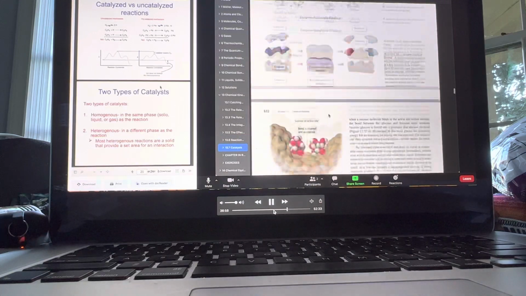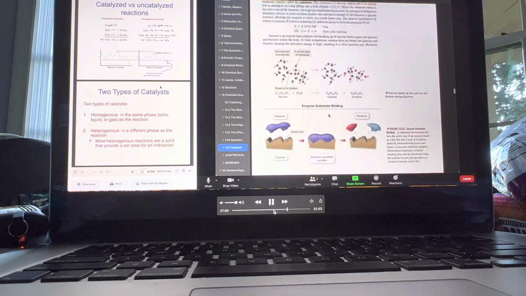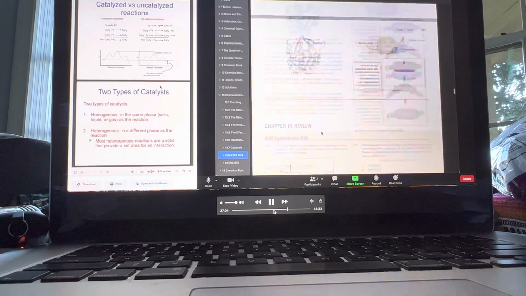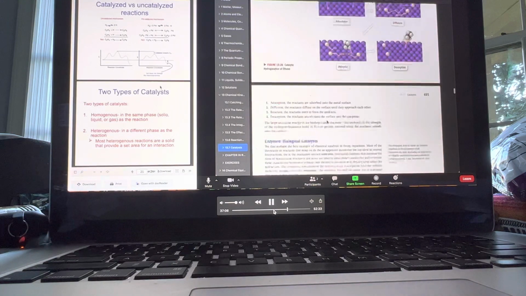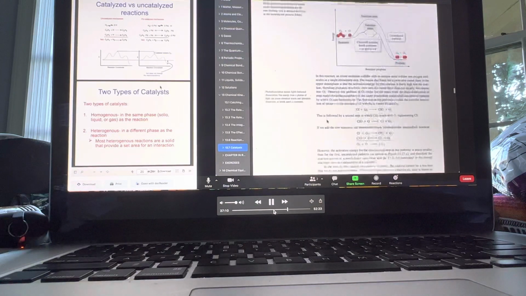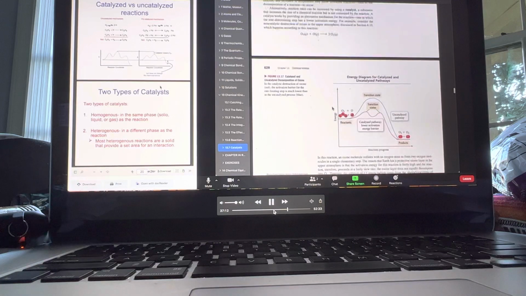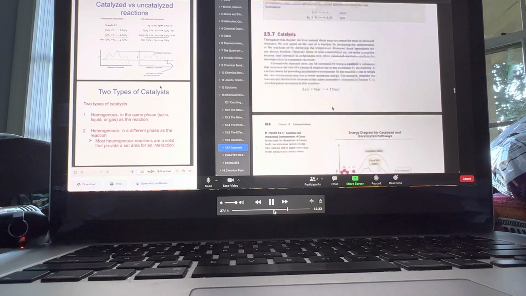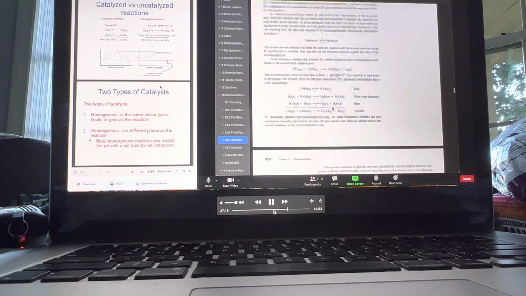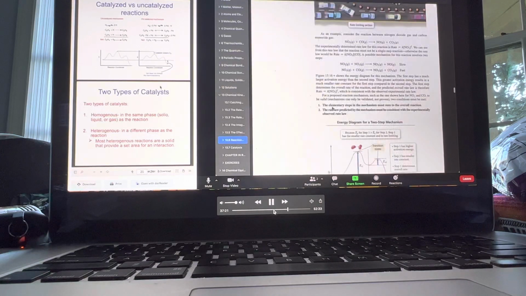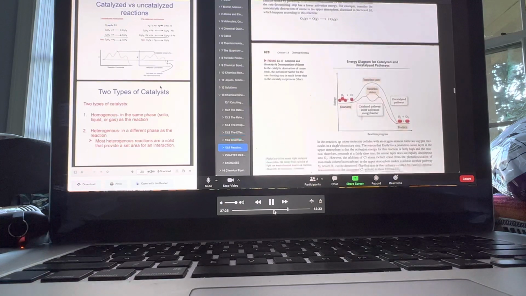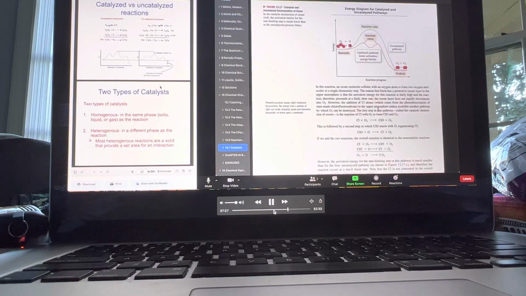A catalyst. Oh, they talk about enzymes here. Okay, so a catalyst speeds up the reaction by decreasing the activation energy.